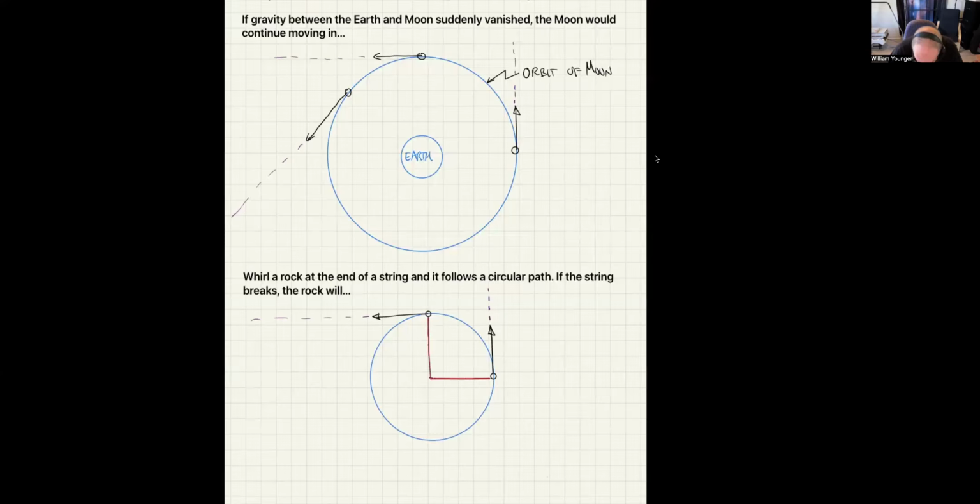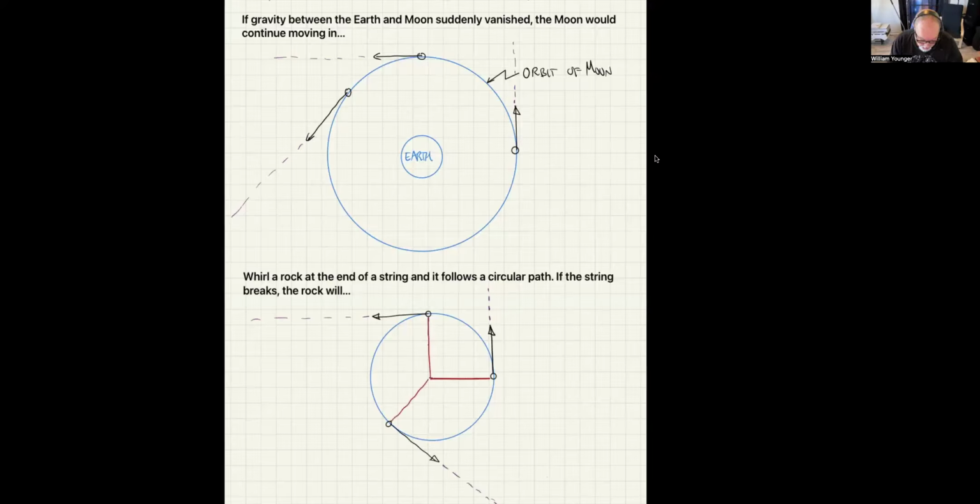So again, there's a string. If, on the other hand, we had the string here and the rock was right here, at that instant, tangential is in this direction. And in that case, again, the rock would leave in a straight line parallel to the velocity it had at the instant the string was cut.